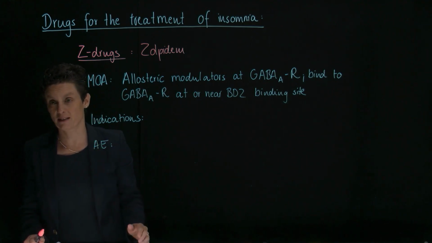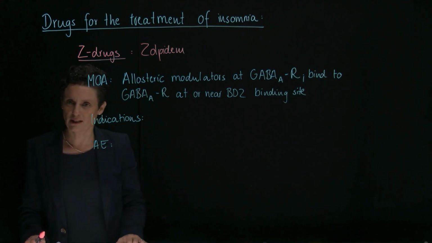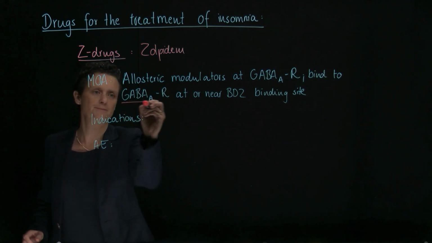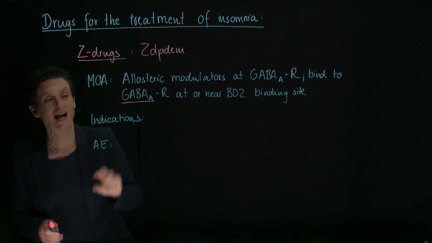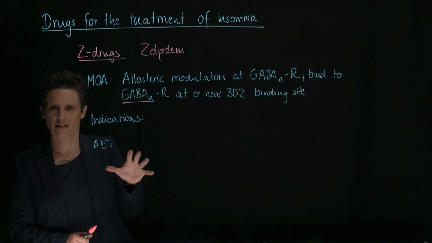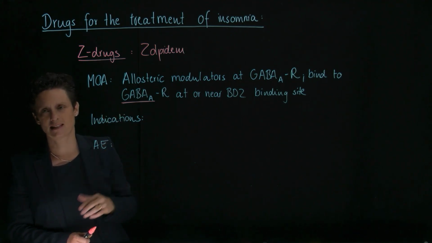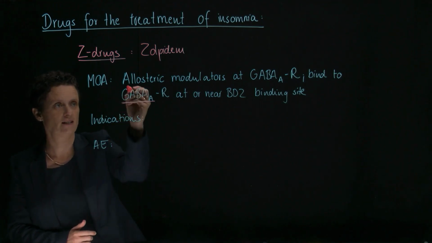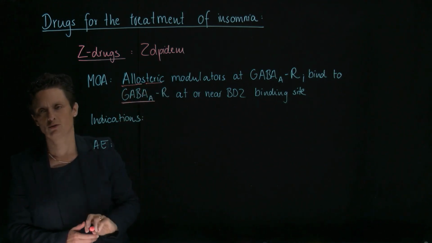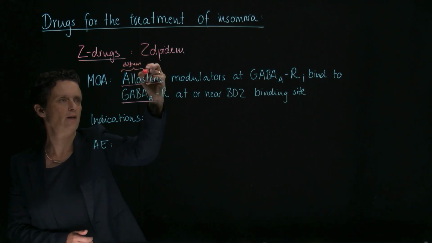In terms of mechanism of action, they actually work very similarly. Their target is also the GABA-A receptor, and they are also allosteric modulators. So remember what happens at this GABA receptor. GABA binds to a binding site. The benzos and the Z drugs bind to a different site, hence the name allosteric: allos for different, steric for site.